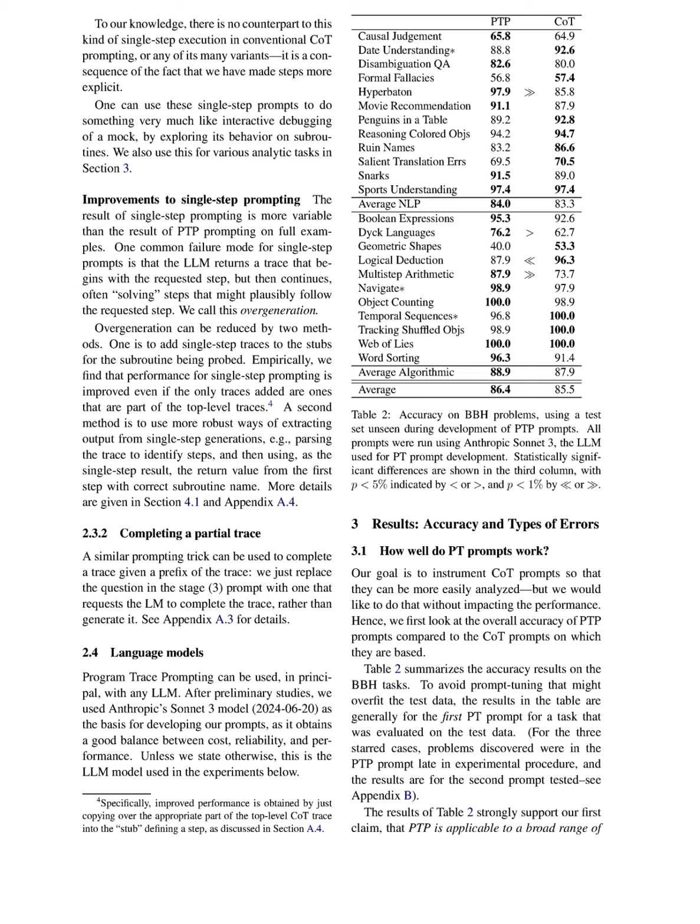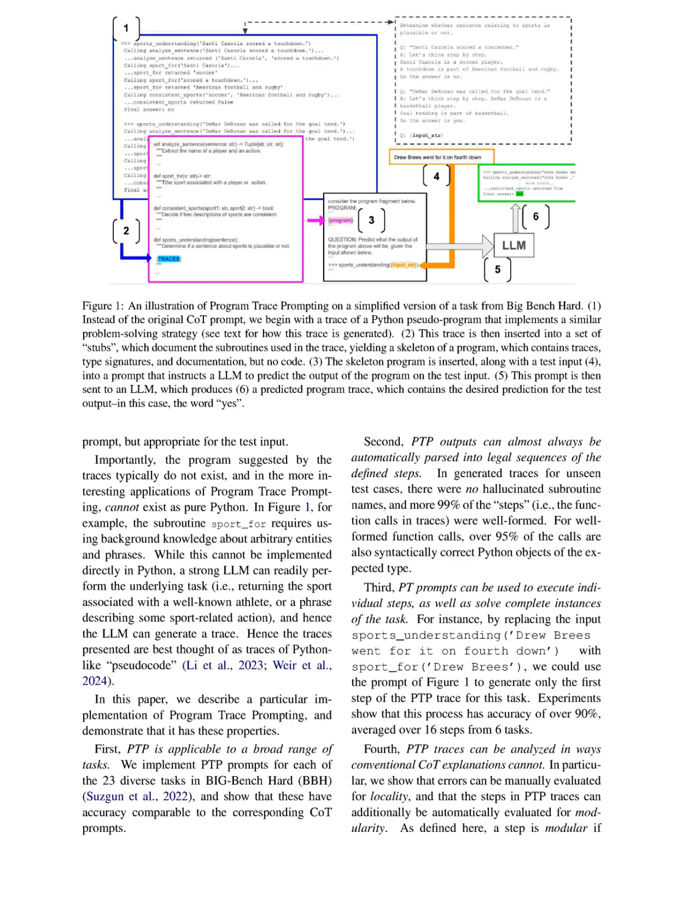Additionally, the performance of single-step prompts is more variable compared to full PTP prompts, indicating that isolating individual steps may not yield consistent results. Furthermore, the presence of non-local errors, which arise from the LLM guessing the wrong algorithm from the few-shot program traces, suggests that even if local steps are correct, the final output may still be incorrect.